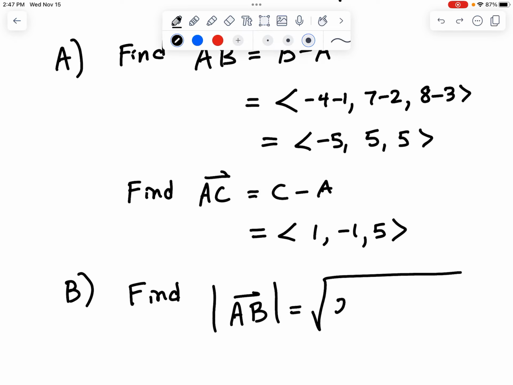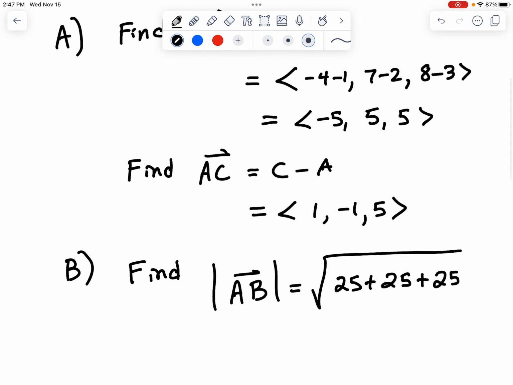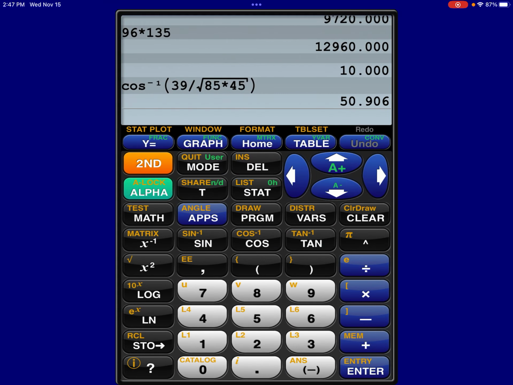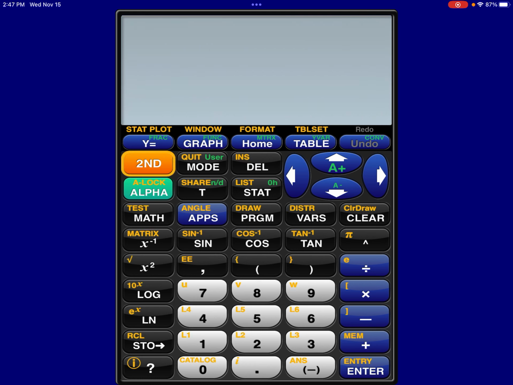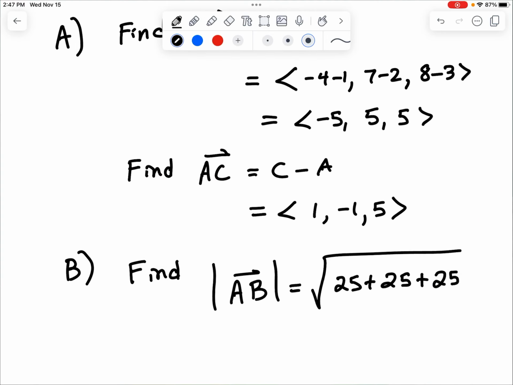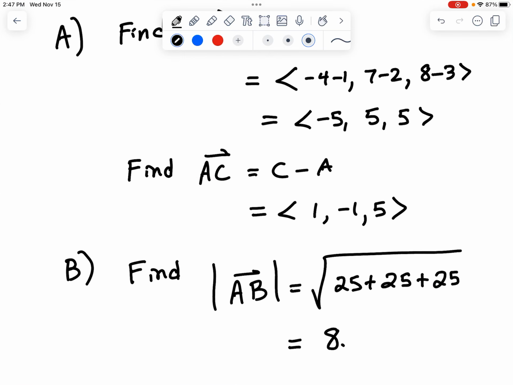That's going to be a 25 plus another 25 plus another 25. So that's the square root of 75. And the square root of 75 is exactly what the GeoGebra said. It's 8.66. Okay, so this one is done. This is 8.66.